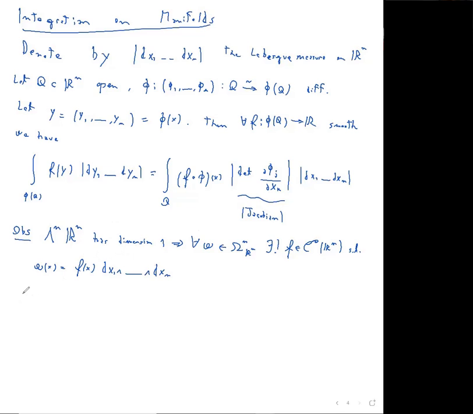So it kind of makes sense to define the integral over Rn of such an omega. So now we're trying to define the integral of a form as the integral of f of x with respect to the Lebesgue measure.